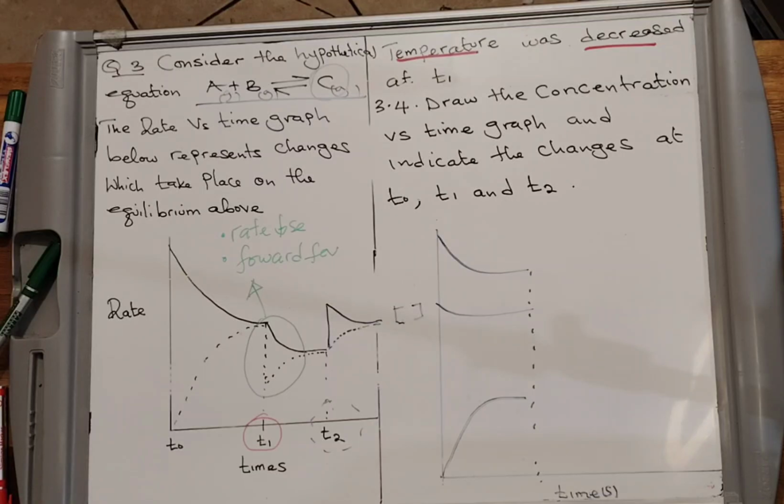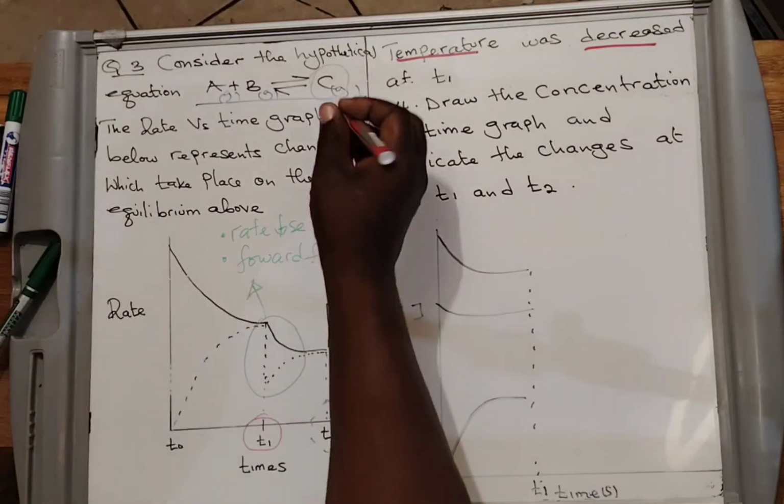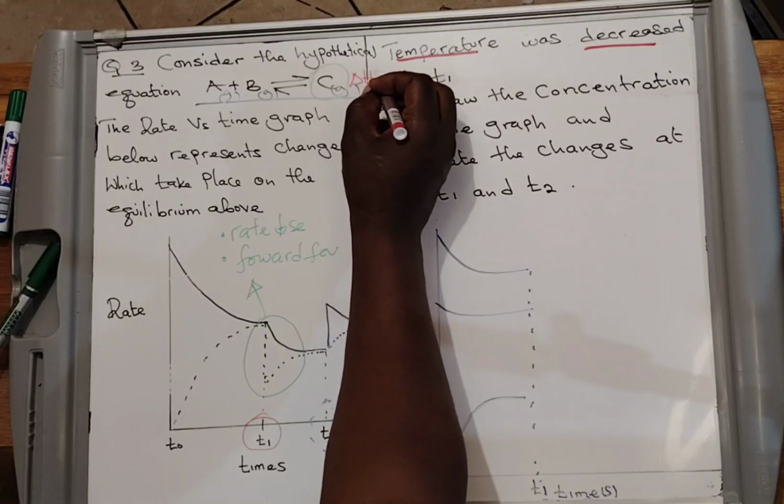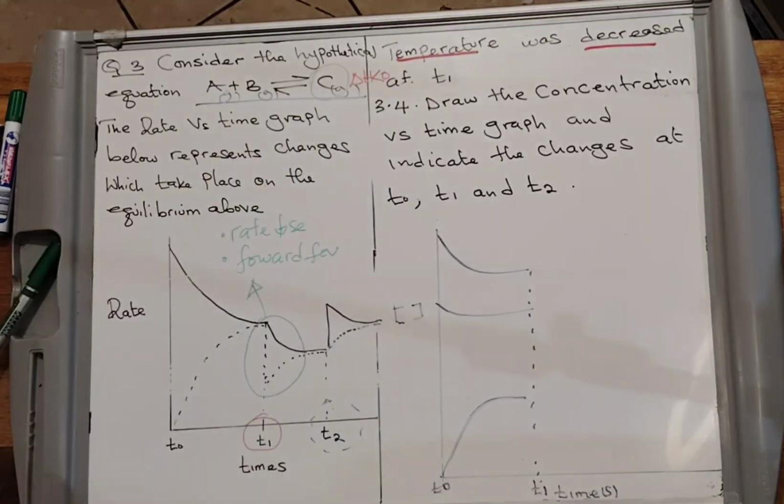So what do we do? Now T0 has been represented and we are done with it. Let's go to T1. What happens at T1? Temperature decreased. Okay. So when temperature decreases, what do we know? We have to know that this reaction is exothermic.